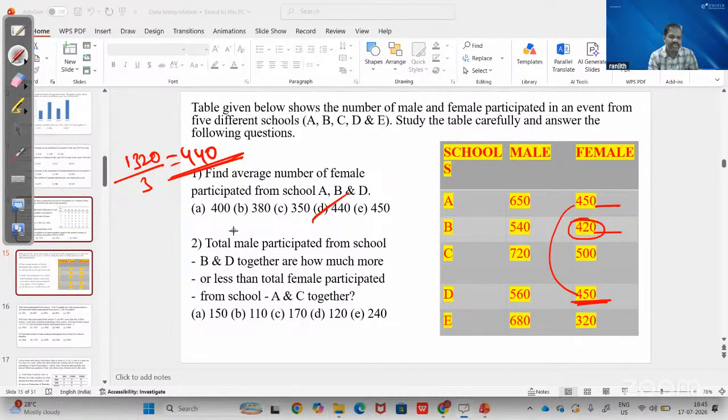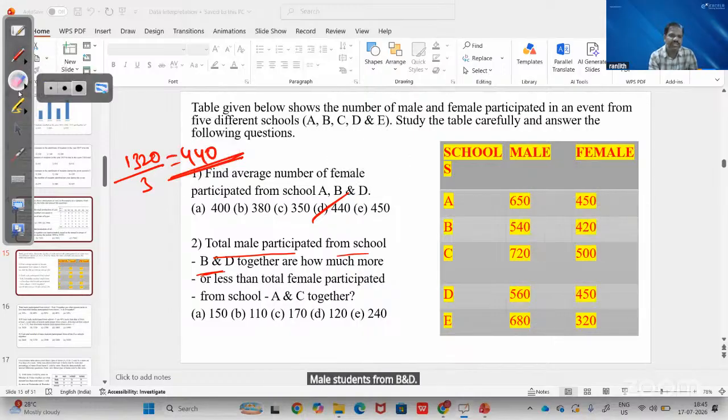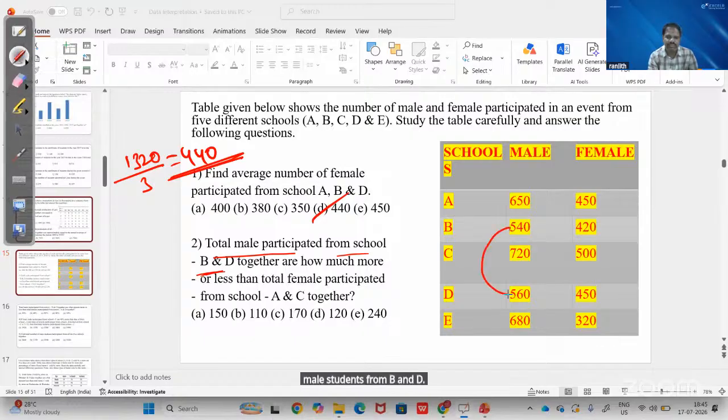The next one is total males who participated from schools B and D. Male students from B and D together is 1100.